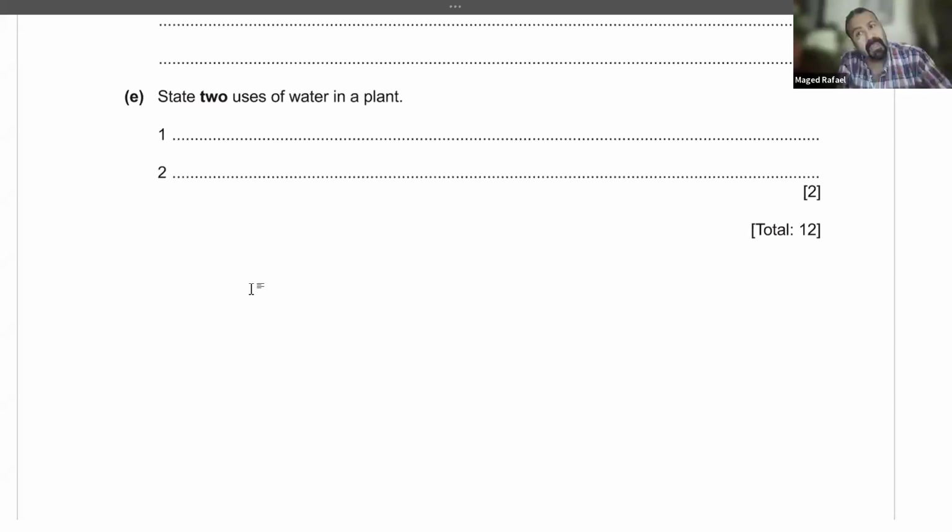Someone could also talk about pressure, for example: turgor pressure, turgidity of the plant cell, it is coming from the water. Support the plant, maintain turgidity. All of these will be perfectly fine.